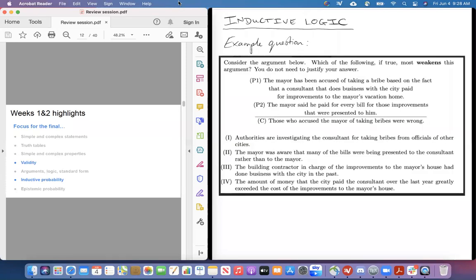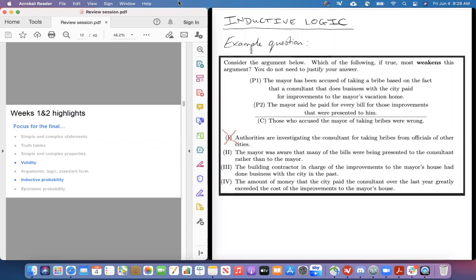And it's the same thing that's going on with answer number 1 here. It doesn't even tell us explicitly that the consultant has taken bribes, merely that the consultant is being investigated for bribery. So it's not quite specific enough, and so we're going to rule out answer number 1.